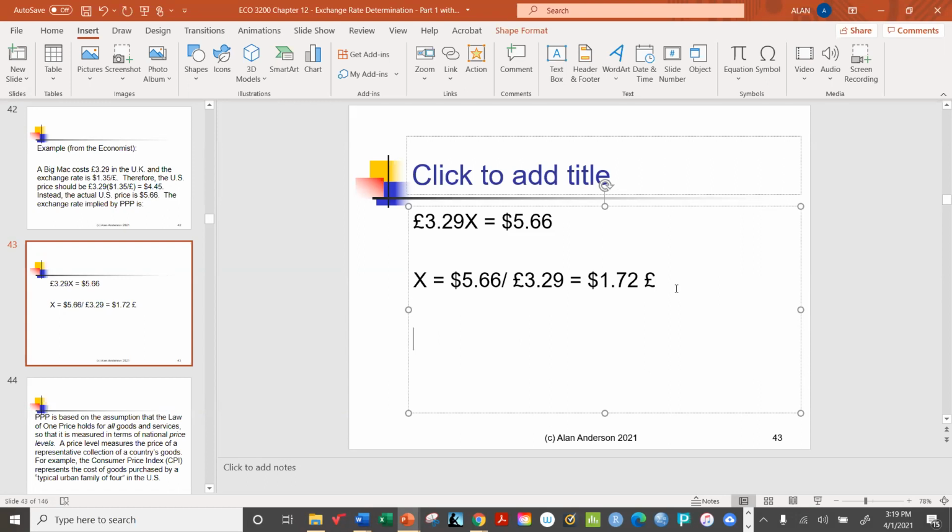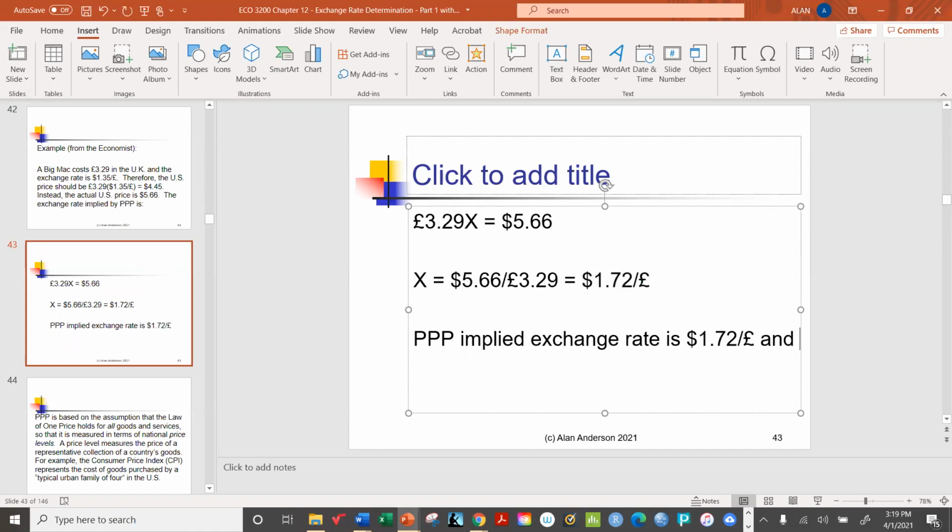In other words, the PPP implied exchange rate is $1.72 per pound, and the actual exchange rate is $1.35 per pound.